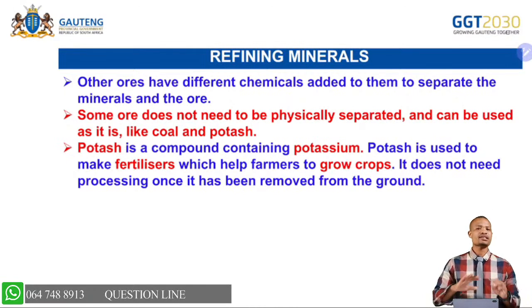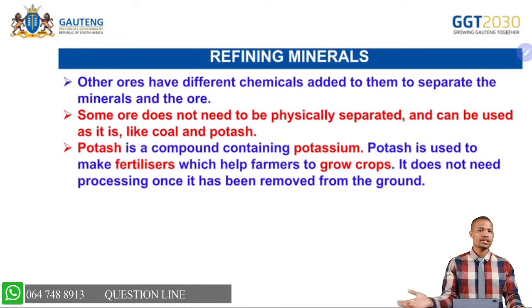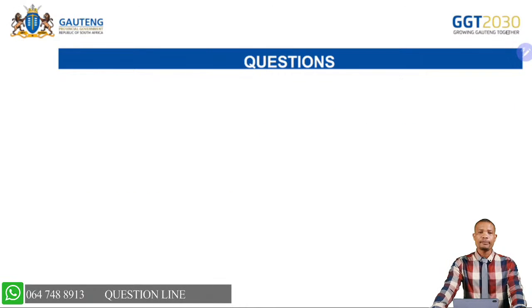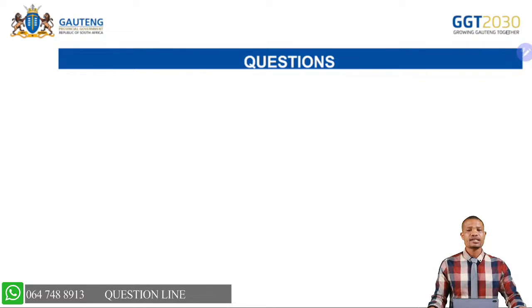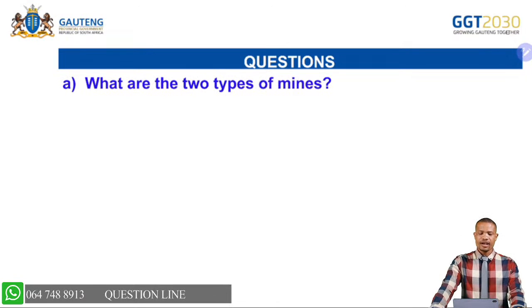So this potash doesn't need to be processed because it can be used as is. Most of it is potassium, so we just use it as is. But unlike others, it's hard. We need to extract and use, we use milling, crushing, and at times we use what? Chemical processes to extract.